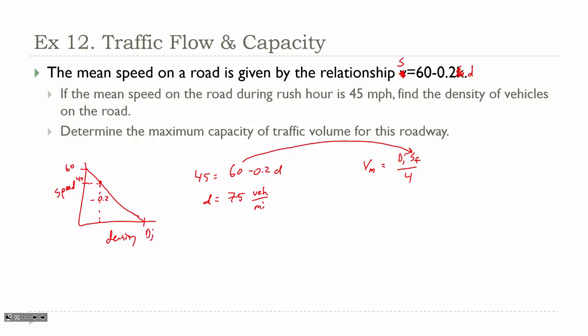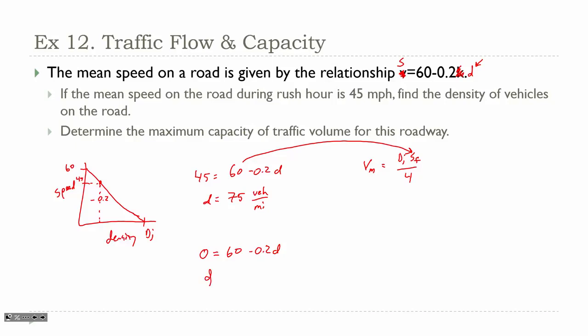DJ is where the x-intercept is. How do we find the x-intercept of this equation? Yeah, so 0 equals 60 minus 0.2 D.